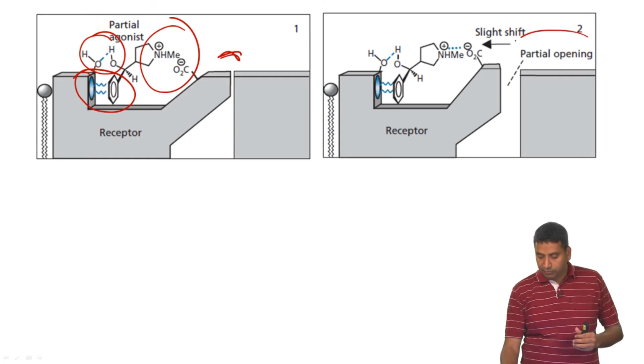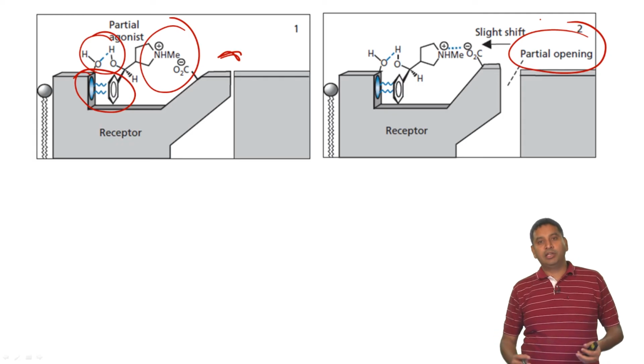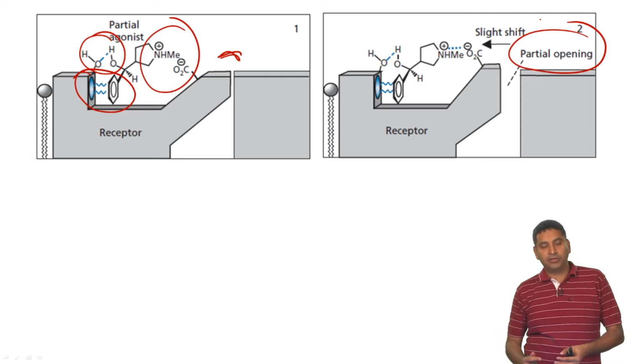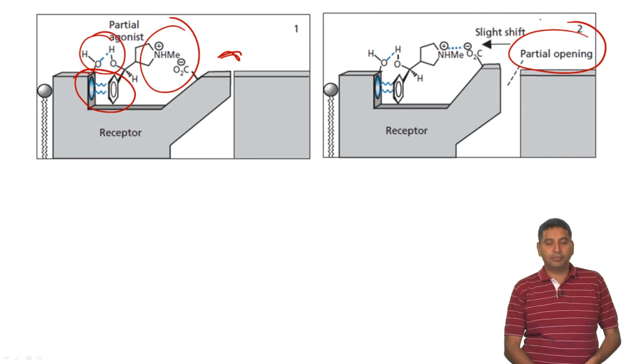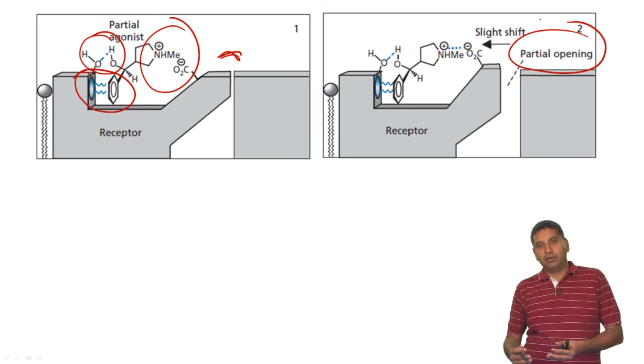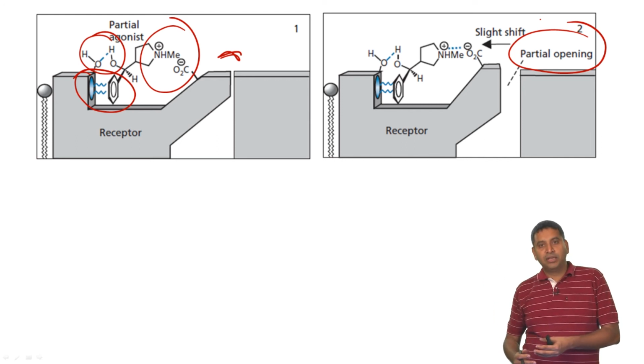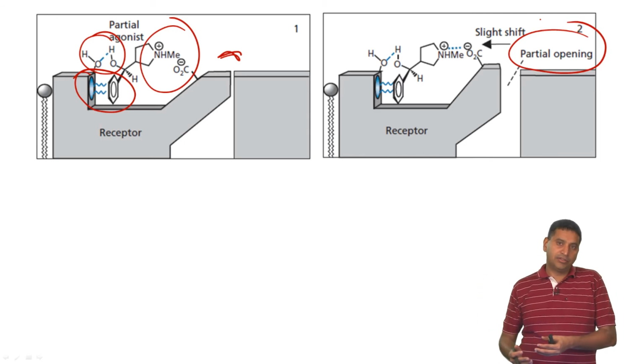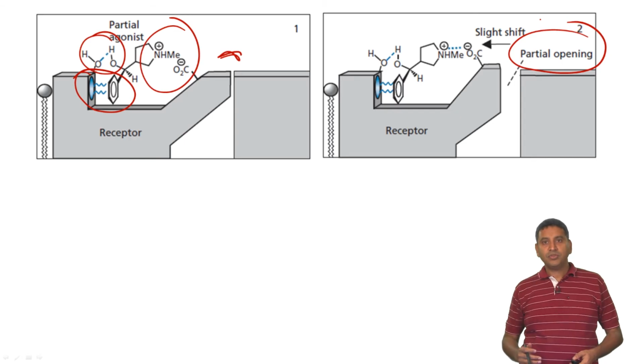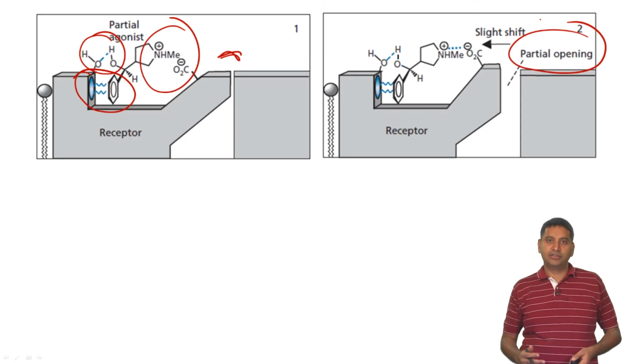Okay. So, it results in some partial opening. So, imagine that this is an ion channel receptor. Okay. So, once it binds to the receptor, it can open it, which will permit the entry of ions, but it is not completely open. So, therefore, it is a restricted entry into the cell. So, what happens is that the rate at which the signal is transmitted could go down. So, this is known as a partial agonist.